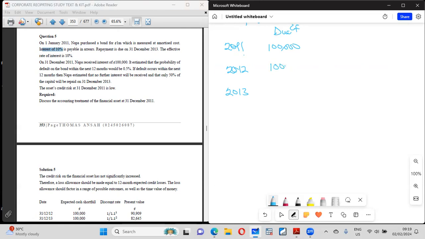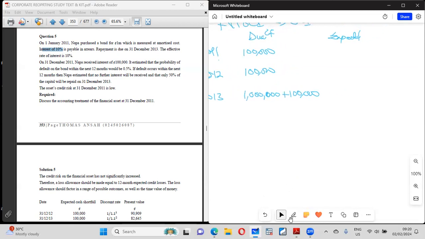This year too, they will receive 100,000, because it's 10% per annum in arrears. Then the last year, they are supposed to receive their 1 million plus the interest, and a redemption premium if there is one. But the question tells us the expected cash flow: in this year, they collected their 100,000, so they are safe.